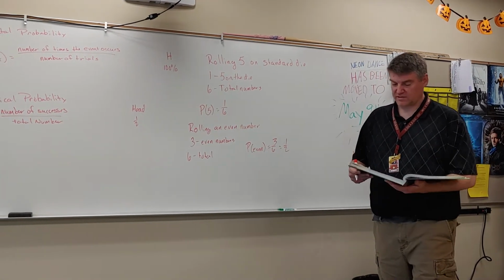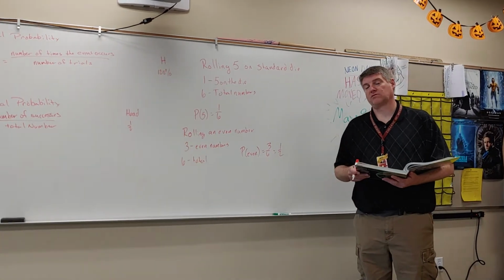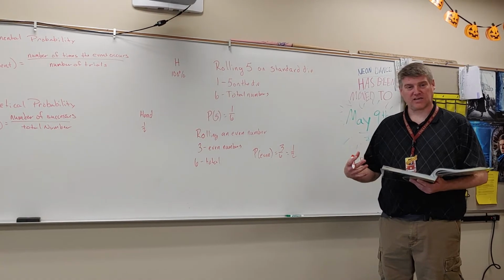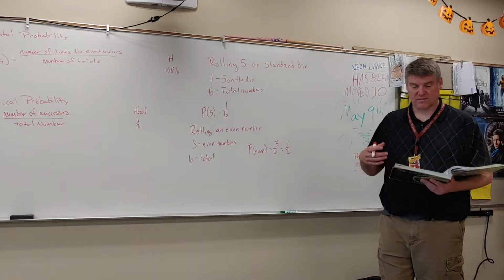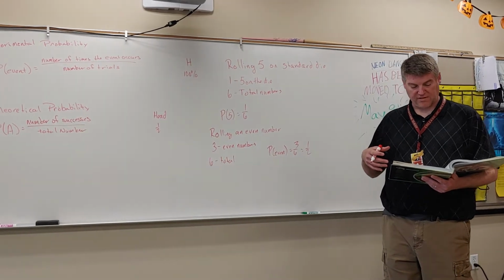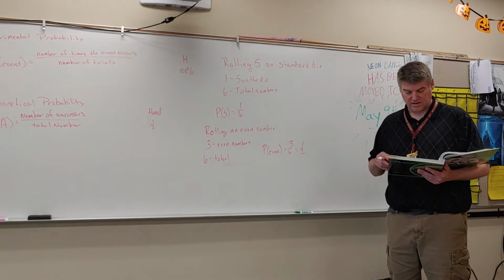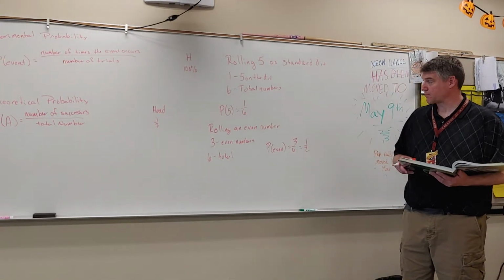So what we're going to be looking at now is utilizing the items we learned last time in permutations and combinations to find that probability. So we're going to look at the theoretical probability of being dealt exactly 2 7s in a 5-card hand from a standard 52-card deck. Okay?